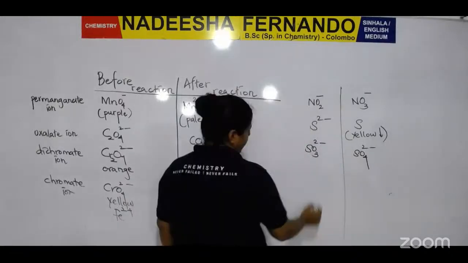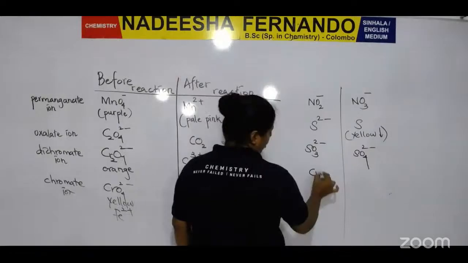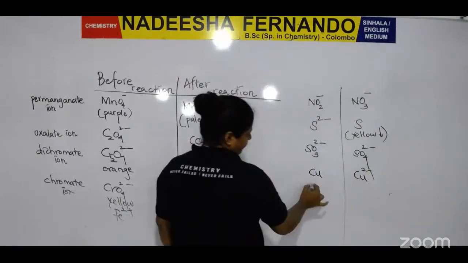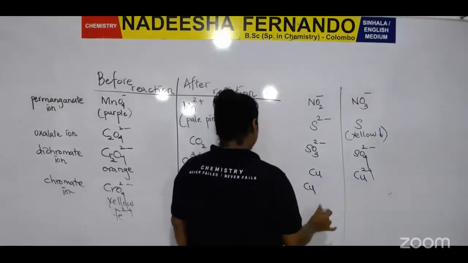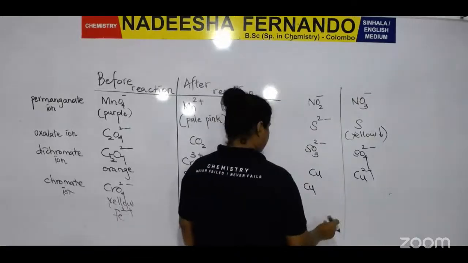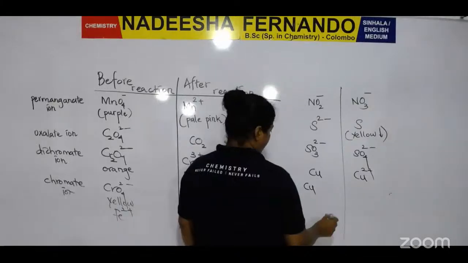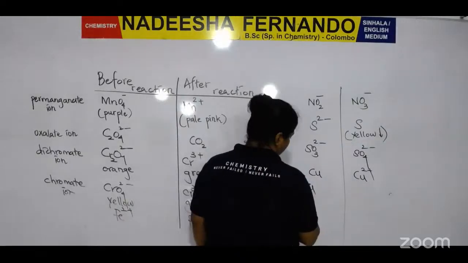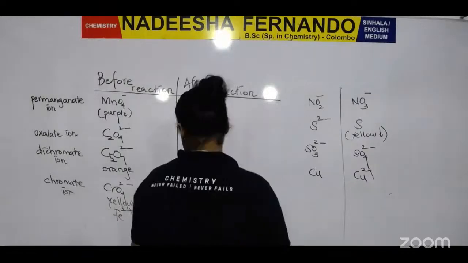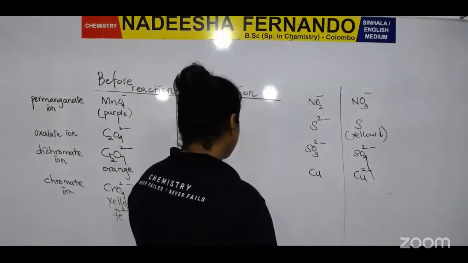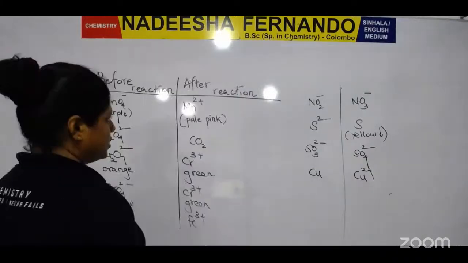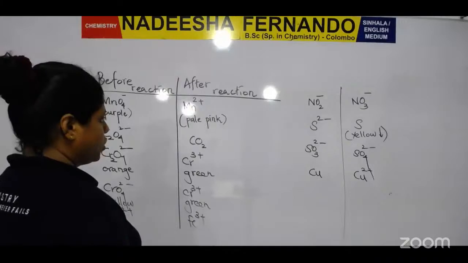When you take copper, it goes to copper 2 plus. Sulfide, sulfate, sulfur, NO2 minus, NO3 minus, copper, copper 2 plus.